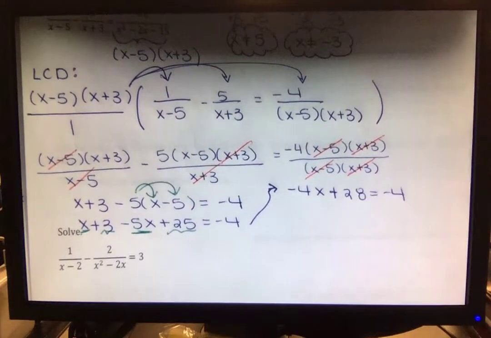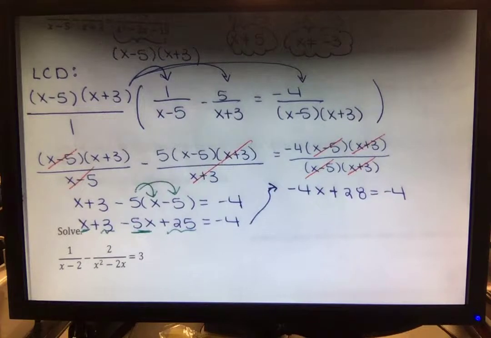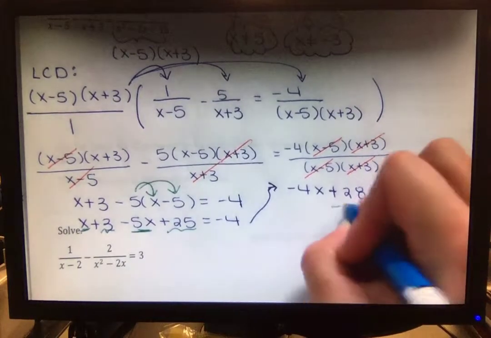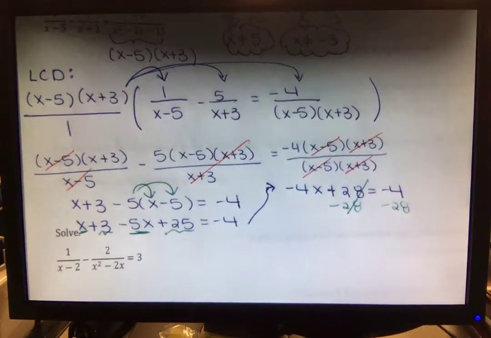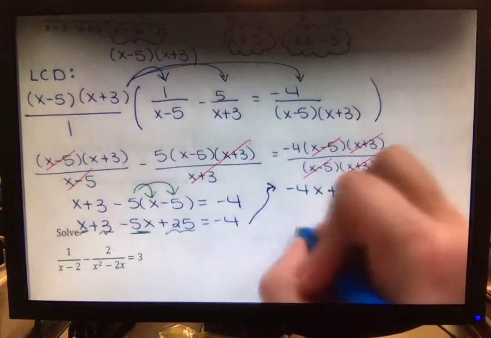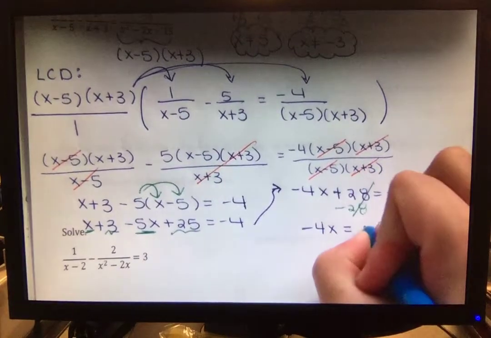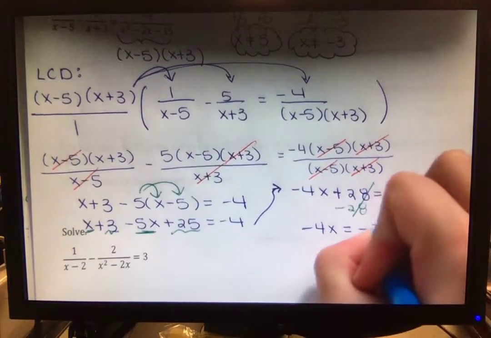Equals negative 4. Subtract 28 from both sides. So negative 4x equals negative 32.